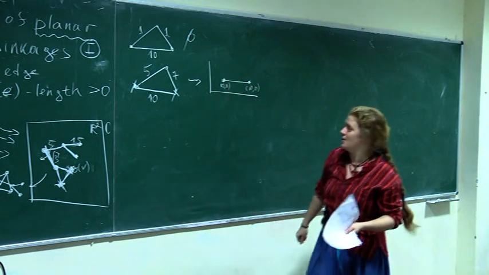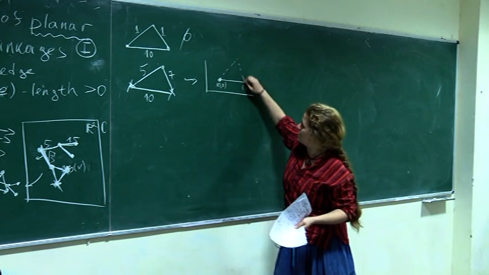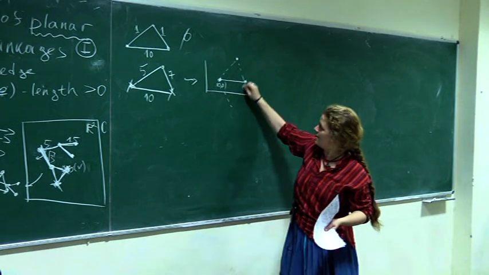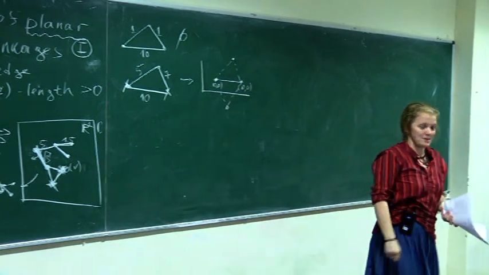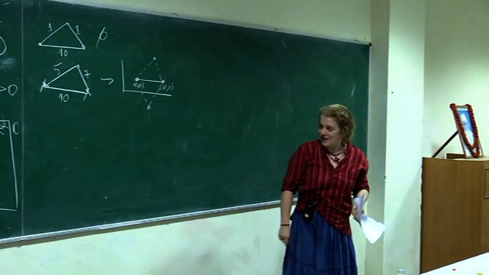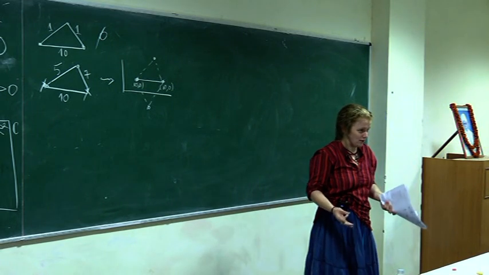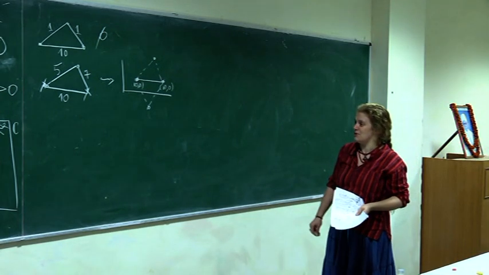Then what are the possibilities? In fact, we have only two configurations: we can place this vertex here or here. But this is not very interesting because in the engineering sense, we are interested in motions and movements of our linkage. So let us consider something more interesting.